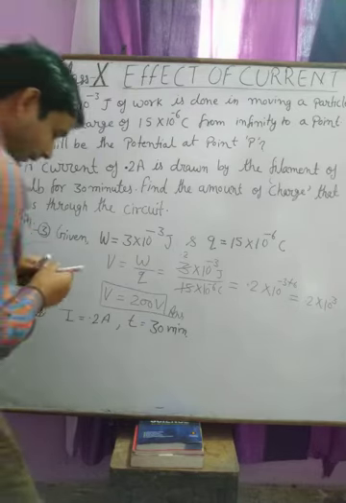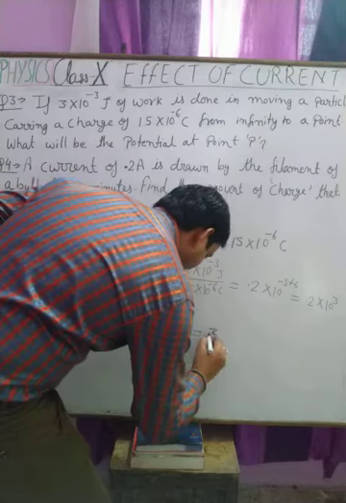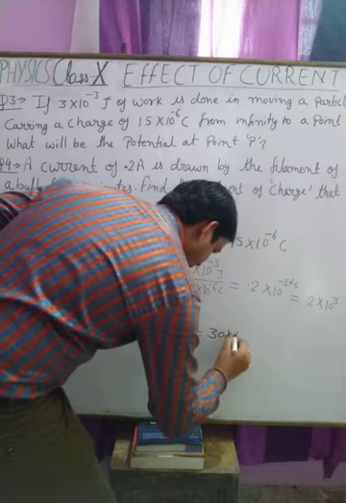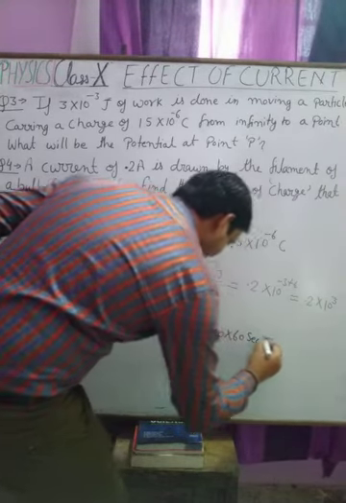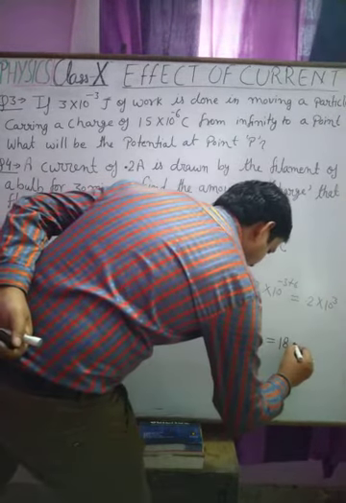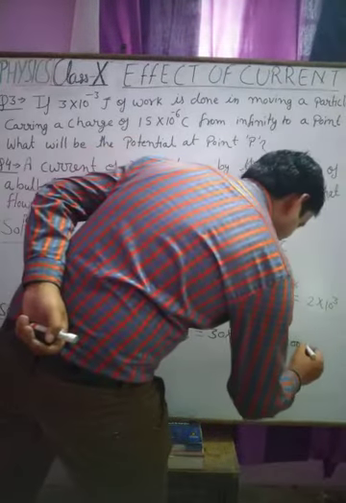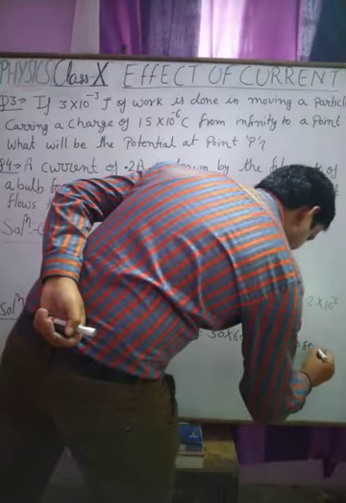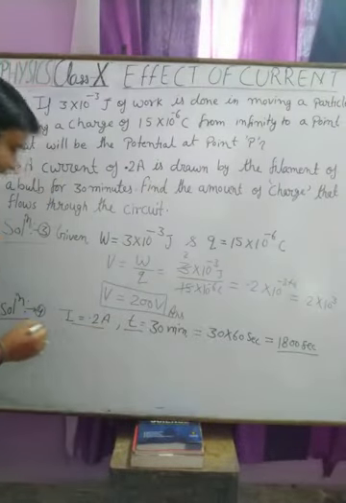So we multiply this 30 with 60 seconds, and the result is 1800 seconds. This is the time of moving this charge.